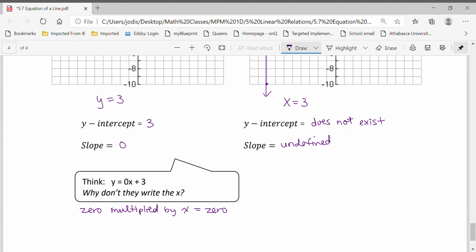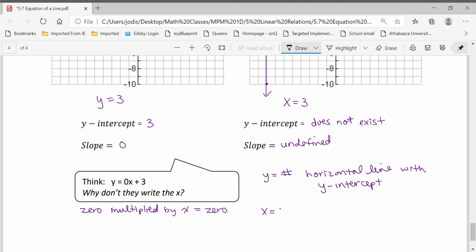So one way to remember these: whenever we have y equals a number, this is telling us that we have a horizontal line with a y-intercept.